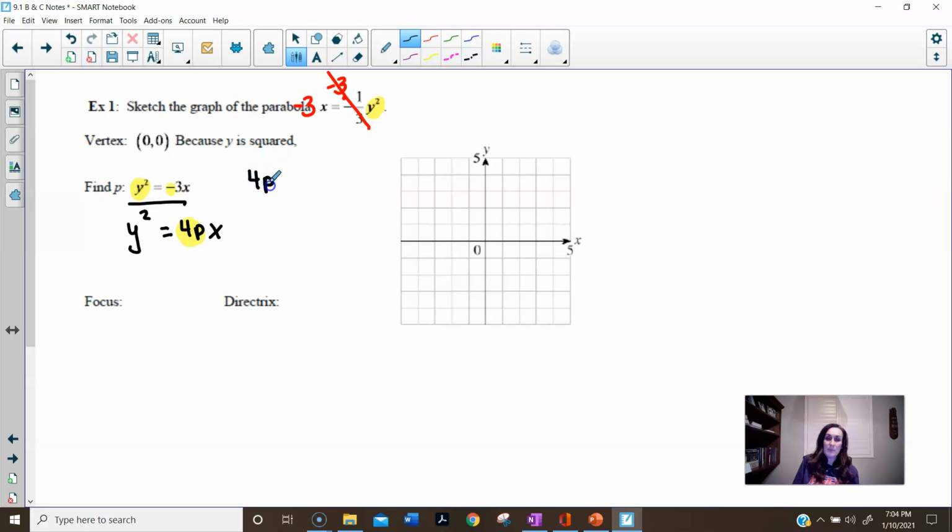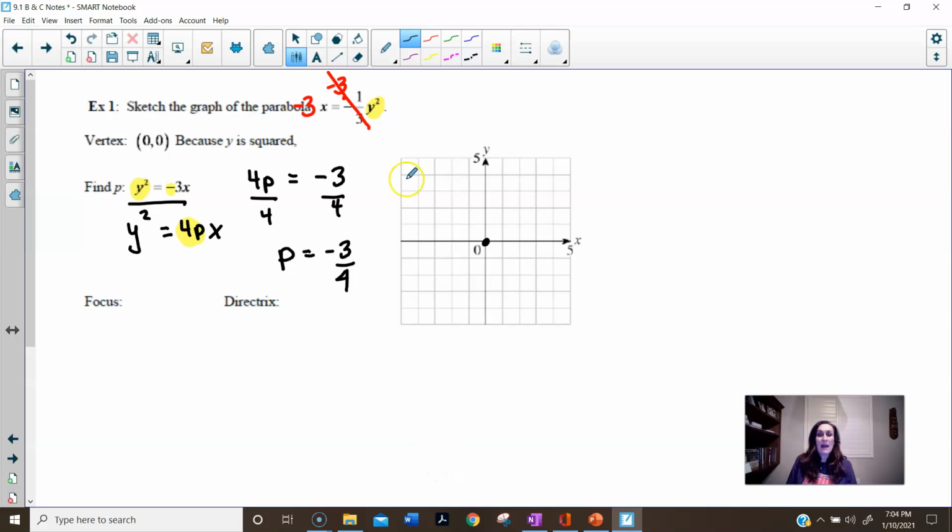So if 4p is equal to -3, then when I divide by 4, I know that p is equal to -3/4.